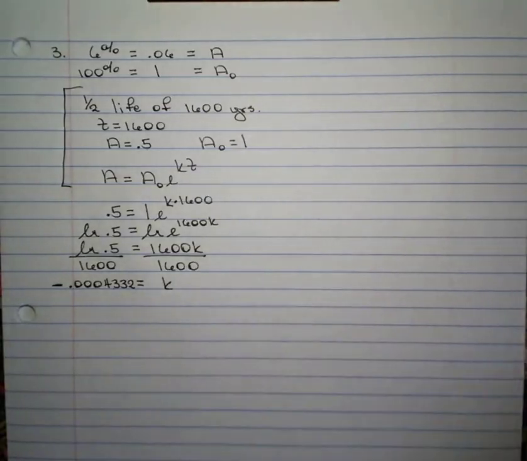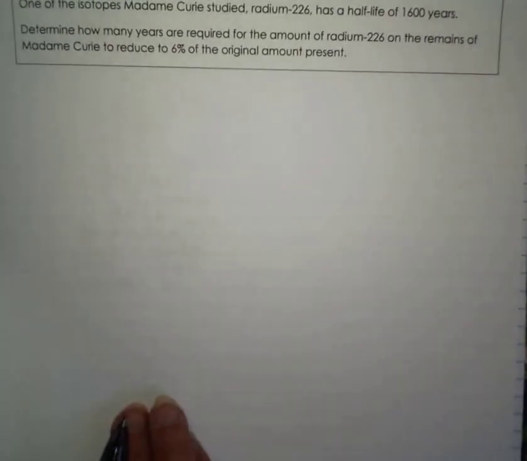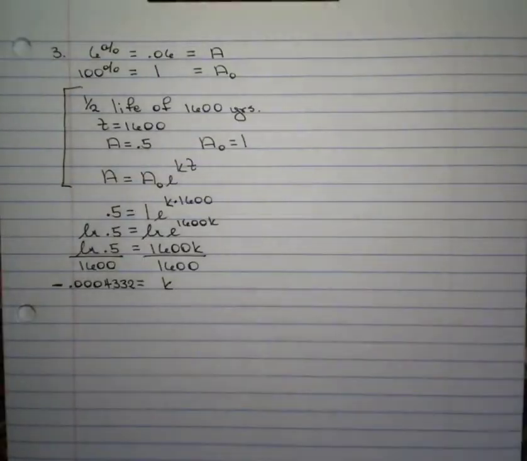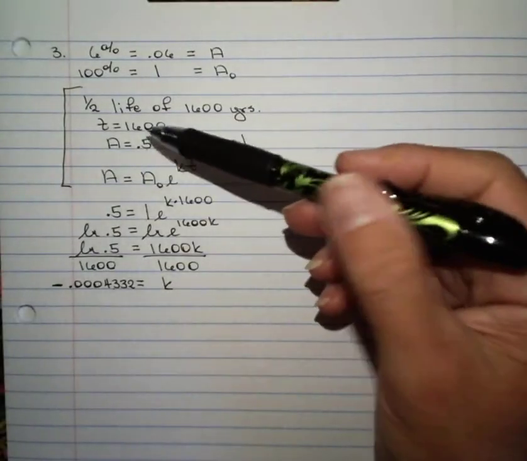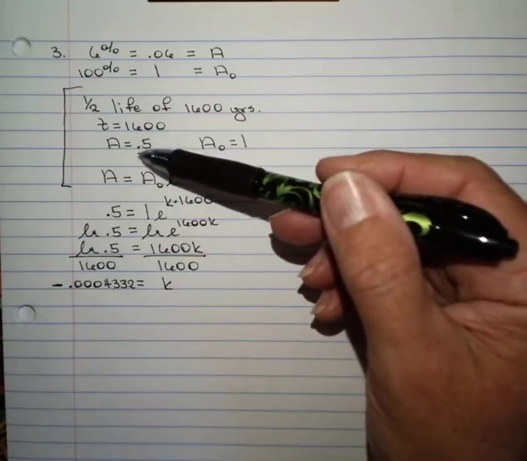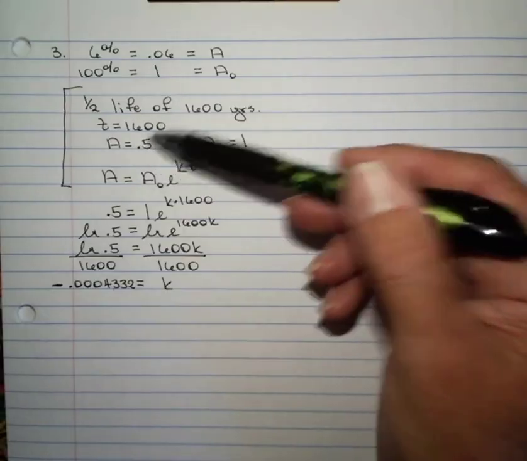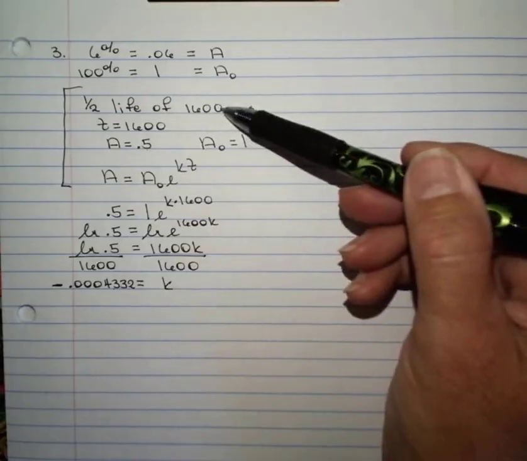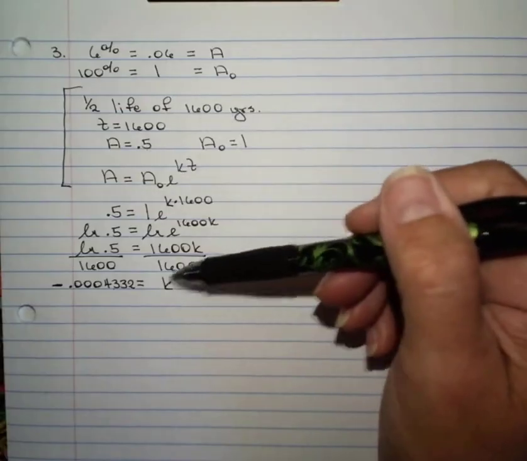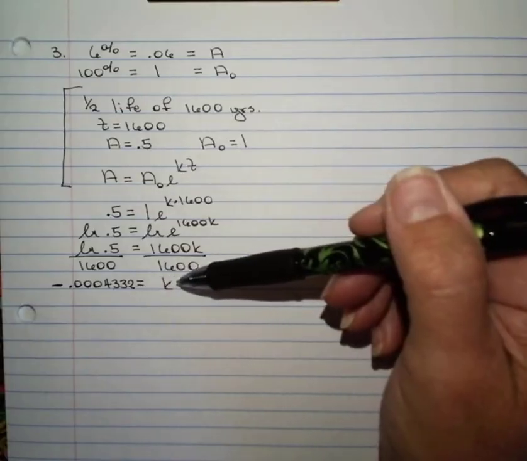All right, so now, what is the question I've asked? Because it says how many years are required for it to get to 6%. Okay, well, I found out this is how long it's going to take to get to half the strength, 1,600 years, and I use that to find my decay rate.